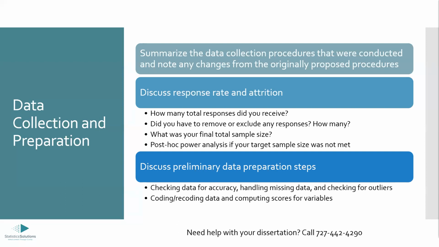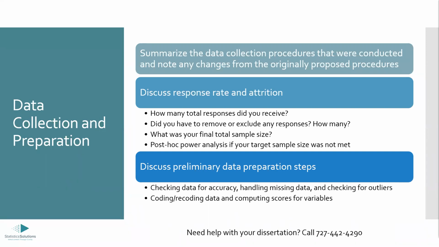And then some schools may also want you to conduct a post hoc power analysis if your target sample size wasn't met. So usually in your proposal phase, you would do a power analysis to determine the sample size that you need for the statistical analysis. But it may not always be the case that you're able to reach that target sample size.